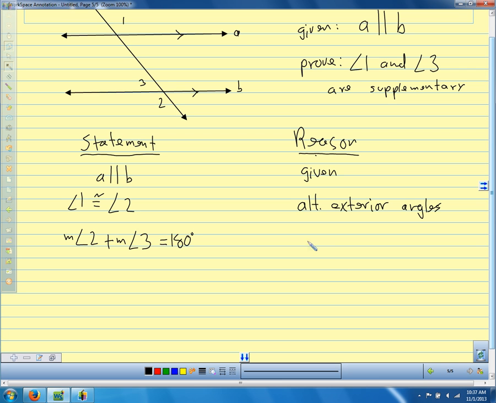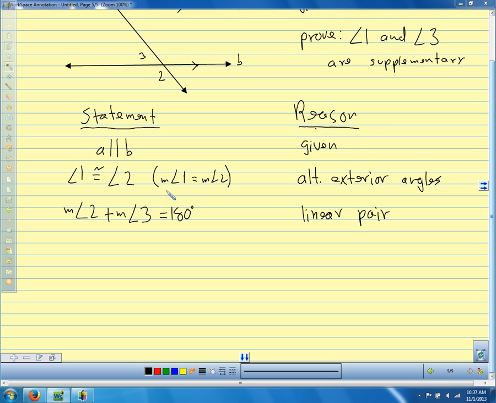A linear pair. And I'm going to put in parentheses out here, I'm not going to write it out here, that the measure of angle 1 equals the measure of angle 2. If they're congruent, then their measures are equal. That's the definition of congruent, but I'm just going to write it in there.